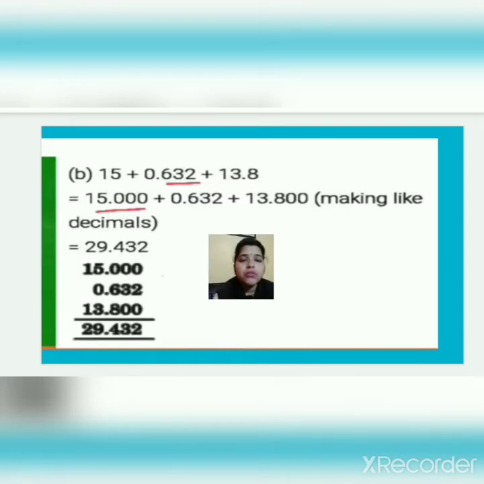So we will have 15.000 plus 0.632 plus 13.800. So we need to make them like fractions. Okay, so we are going to add all the numbers. So we will get 29.432. Okay, it is very easy, just add all the numbers. Addition you all have done in your small classes.